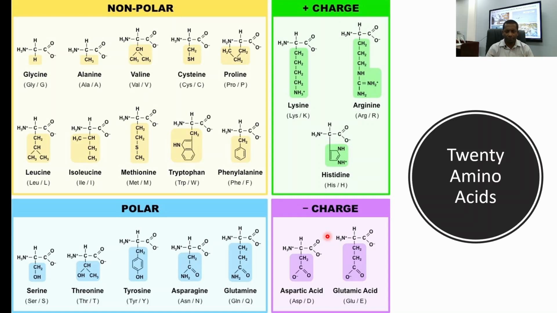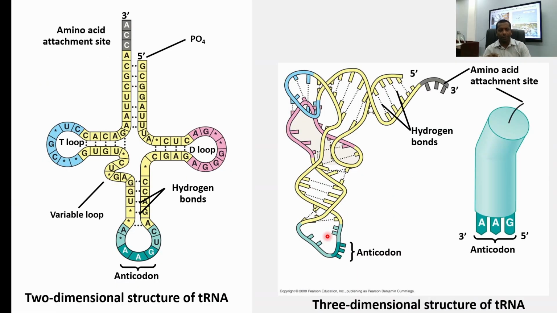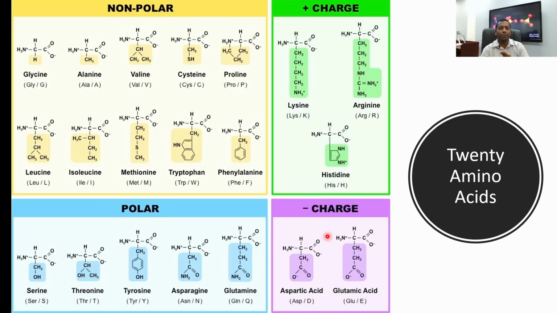If a given nucleotide can attach to one type of amino acid, there can be only 4 types of amino acids in a given cell.